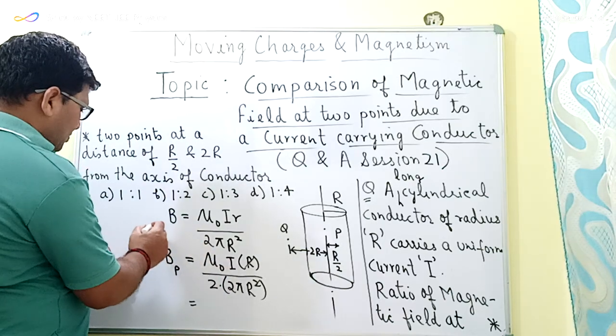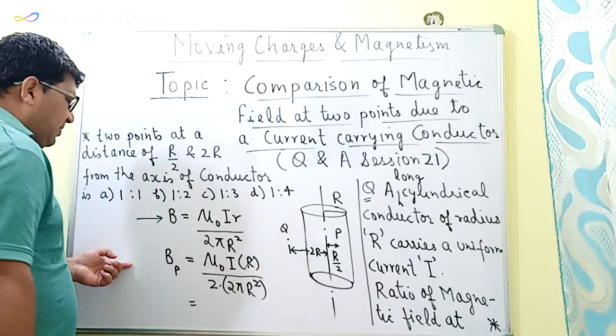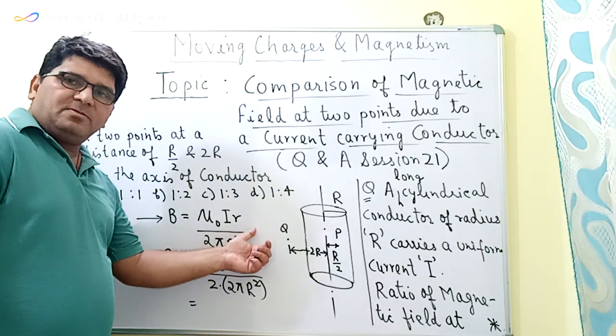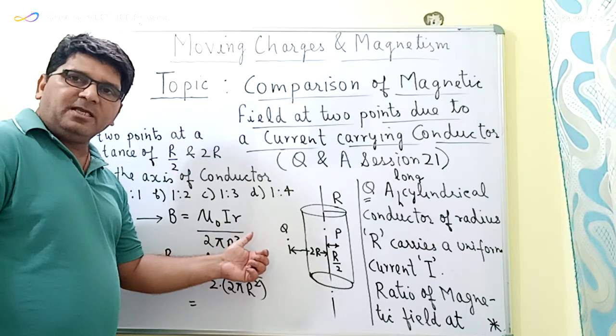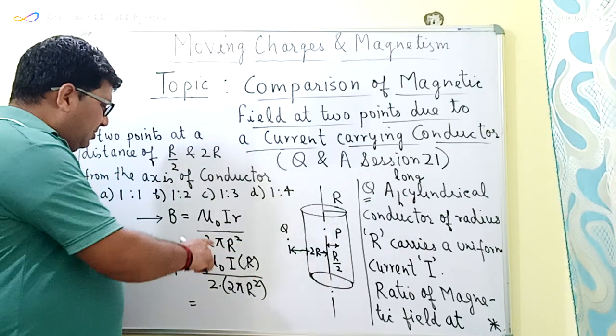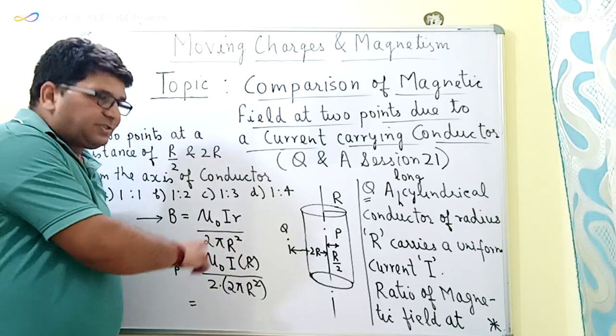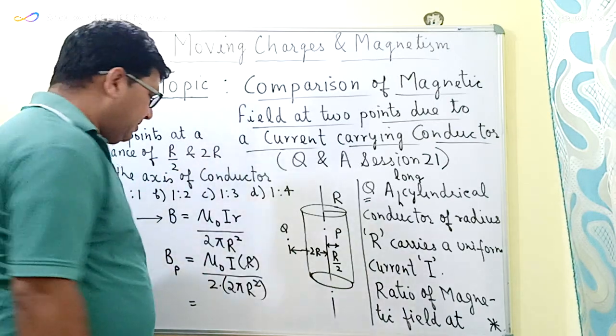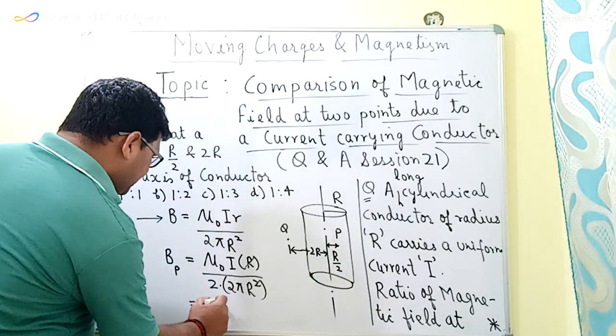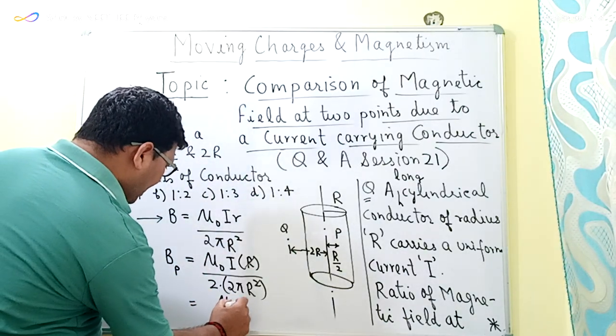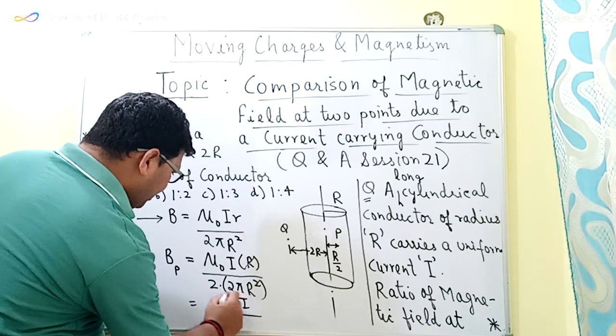So we have used the formula for the magnetic field at a point inside the current carrying conductor, derived in session number 18. So this is equal to mu naught I divided by 4 pi r.